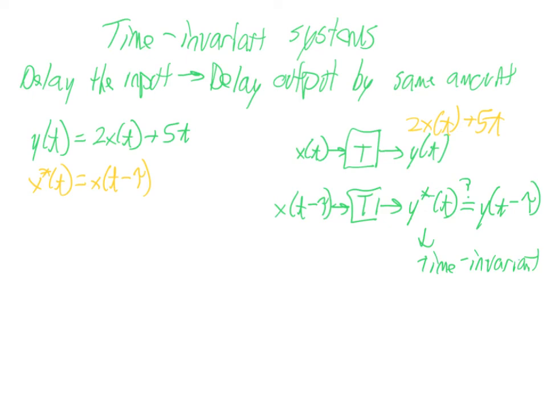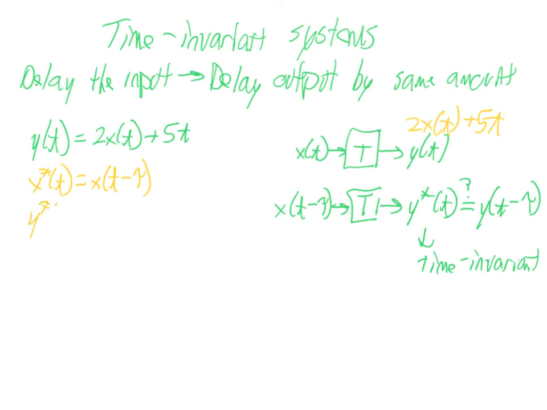So now we want to run that through the system, and we're going to call its output, just as we have over here in the diagram, y star of t. So we're going to calculate this y star of t. The block diagram says you get y star of t by applying the system to the input. So let's go ahead and do that.